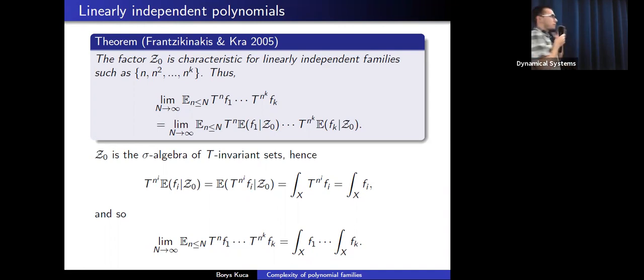So here we're getting a very nice formula for what the limit is. I hope this provides extra motivation for studying these questions and justifies why this problem in itself is quite interesting.